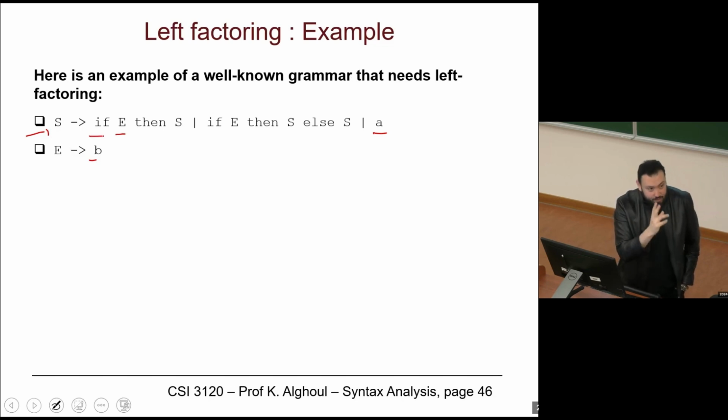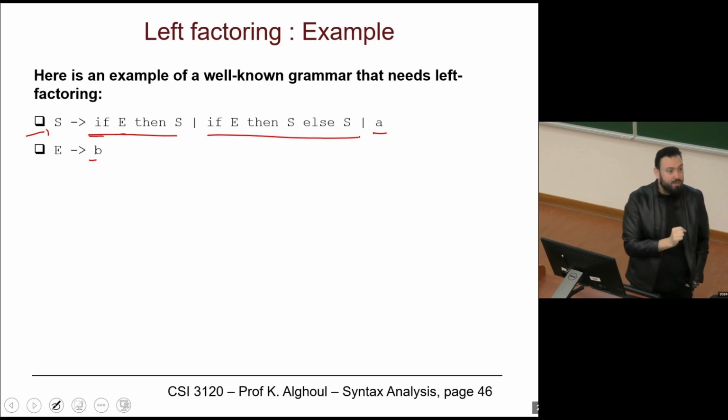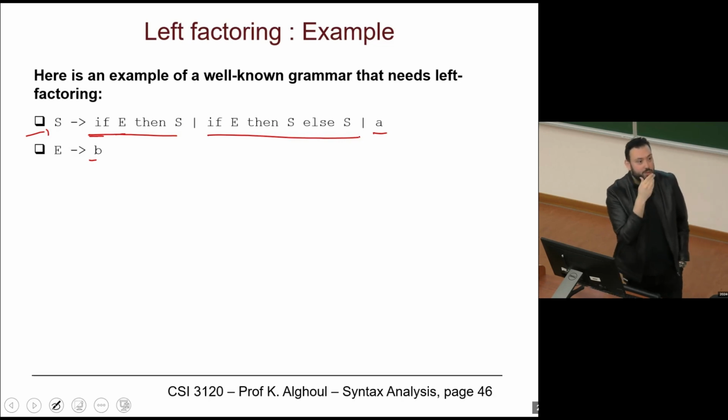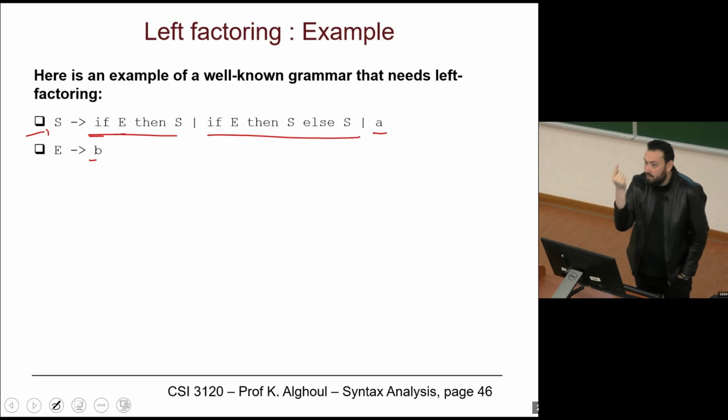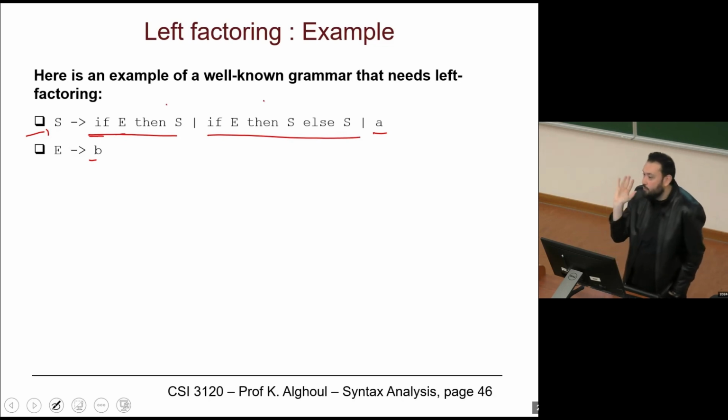So if it sends to you if, you have to take a decision now. It's either you're going to enter this or you're going to enter this, correct? So are you able to take a decision based on anything solid? No, because I'm sending you only one token, if. So how can I know if this or this? I don't know. So that's why I need to change it in a way that it will make sense.